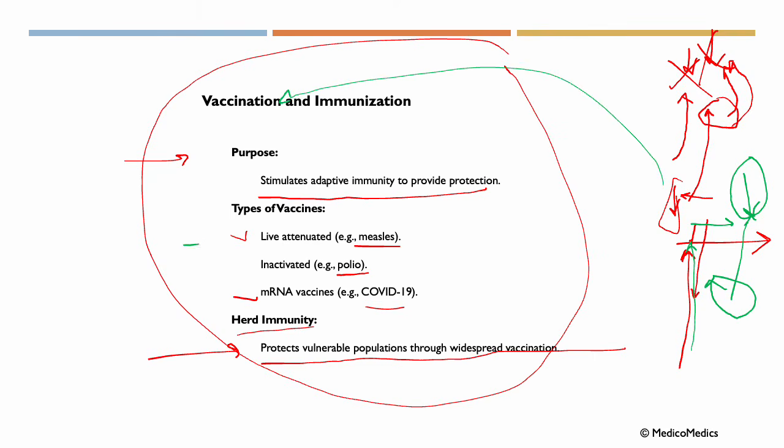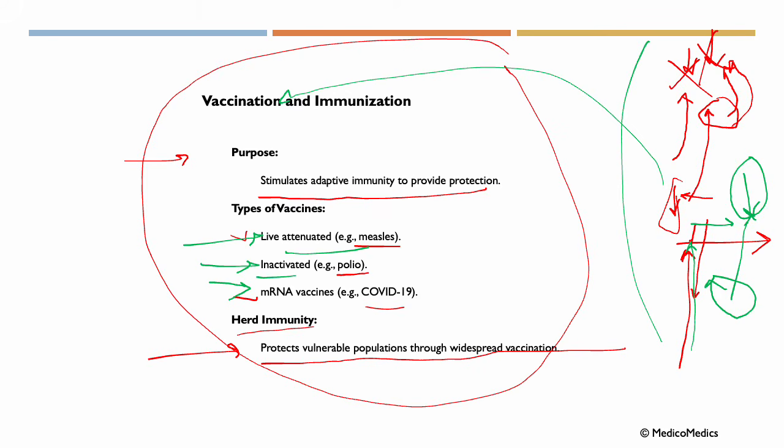And we differentiate between live, inactive and mRNA because, for example, live attenuated vaccines use a weakened form of the germ that causes the disease. So you can, again, like we mentioned here, still trigger a strong immune response, but you do not cause severe illness in people who are healthy.